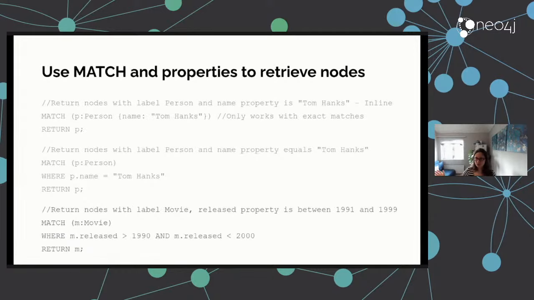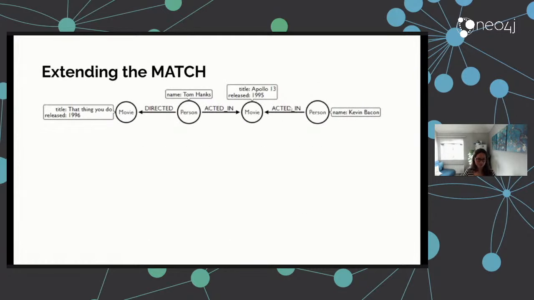This is going to match all nodes with the movie label, where m.released, which is our property that we're using for the year, is greater than 1990 and m.released is less than 2000. And that is going to return all of our movie nodes where the release property is between 1991 and 1999. So return m. Fantastic. Don't worry, we'll go at a slower pace when we're doing the hands-on examples. This is just to prime you with what we're looking at shortly.